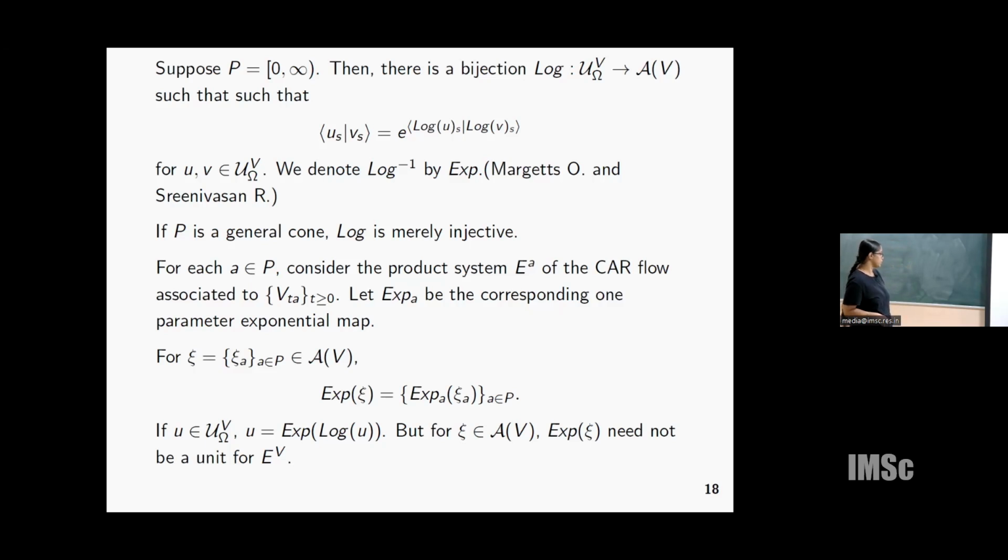You can look at exponential of log u for any unit u, and in general exponential of xi is not a unit for E_V, but all units are of the form exponential of log u. So every unit is exponential, but not every exponential is a unit.